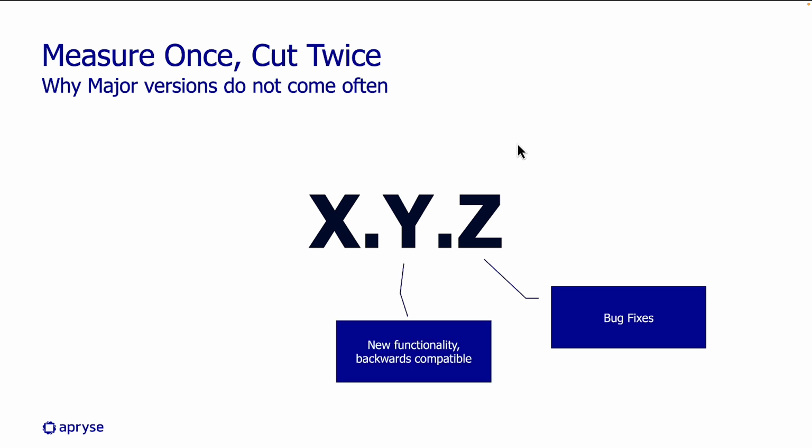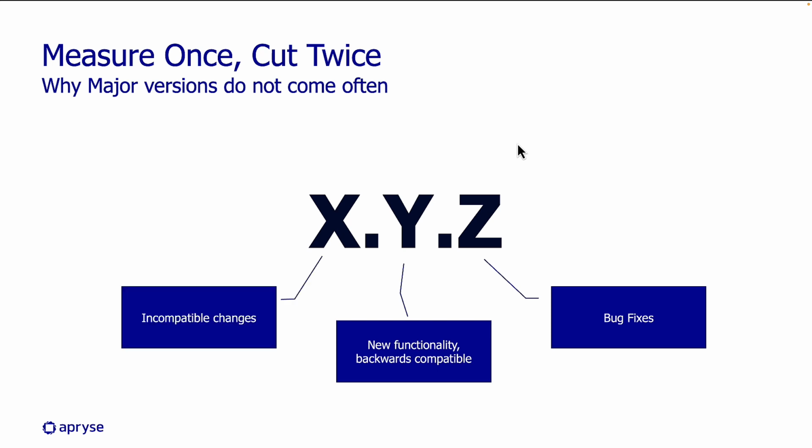The middle release adds new functionalities, but they're typically backwards compatible, meaning that you can embrace these without breaking your existing code. You can also refer to these as minor releases. And then, of course, all the way to the left, X are major releases, typically introducing incompatible changes. This is actually the semantic versioning explanation of software releases.